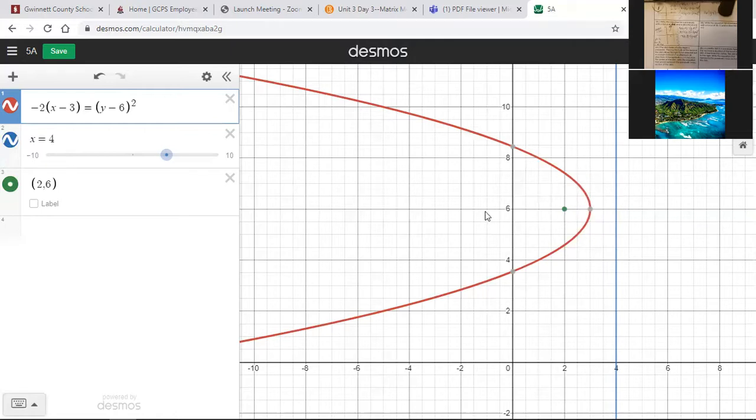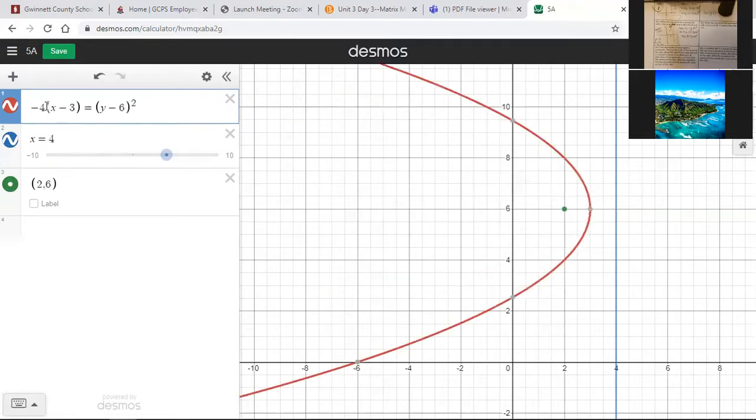So that doesn't work. I know that my equation for that parabola is wrong because it does not work with the focus and the directrix that I was given. Okay. So that's how these graphs can help you make sure that what you're doing is correct.